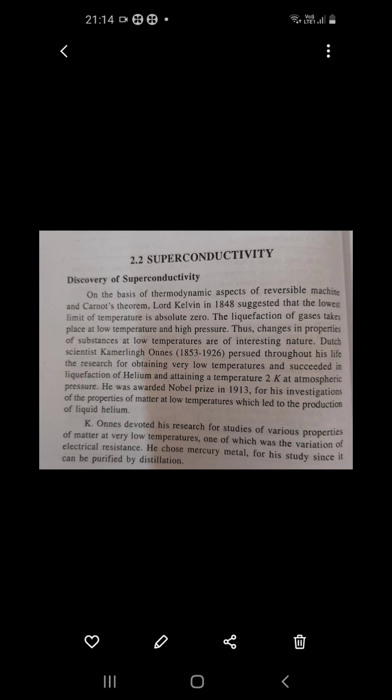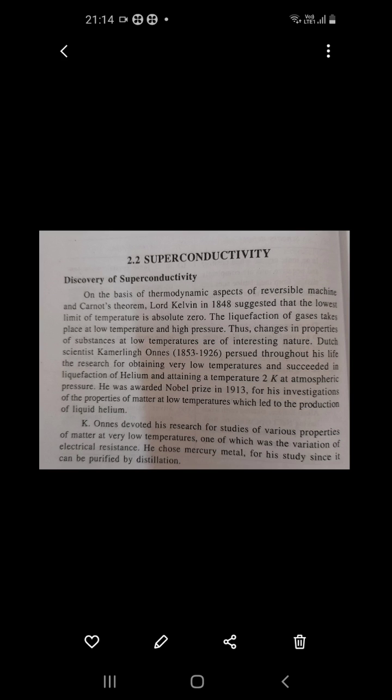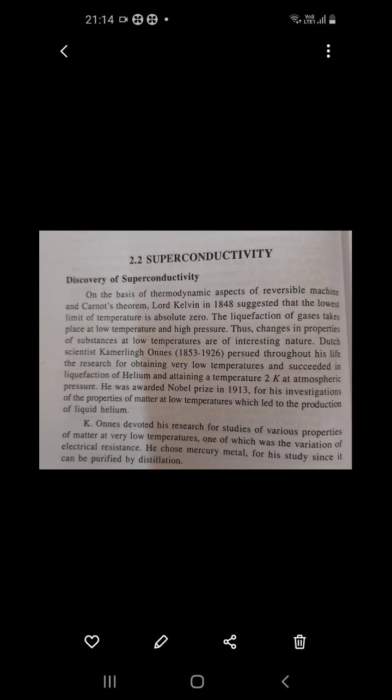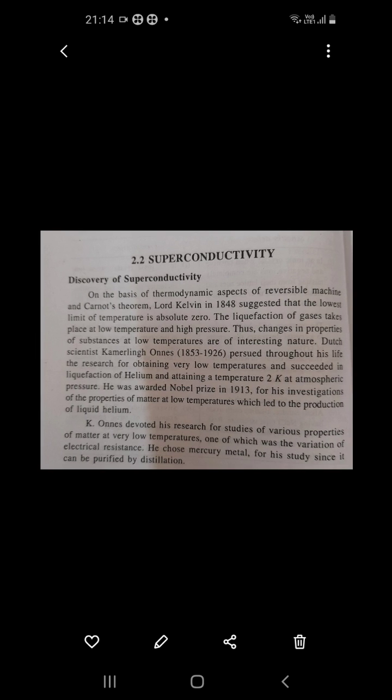As I said earlier, Lord Kelvin in 1848 suggested that the lowest limit of temperature is absolute zero. To keep this in mind, a Dutch scientist, Kamerlingh Onnes, from 1853 to 1920 pursued throughout his life obtaining low temperature, at which liquefaction of helium takes place, which is just 4 Kelvin at atmospheric pressure.